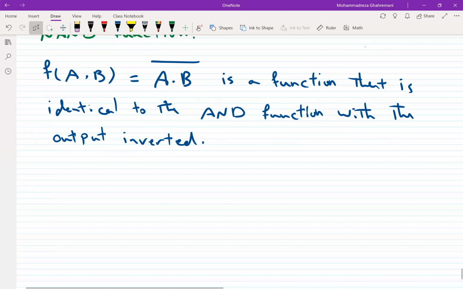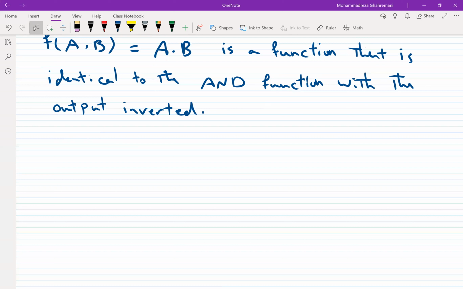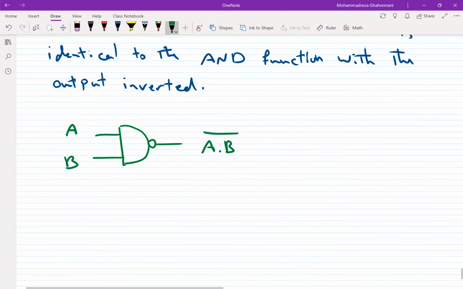Okay? So in other words, we can say the NAND function is a combination of AND function and NOT function. How do we show a NAND gate? Here is the symbol for NAND gate. Inputs are A and B, and the output is AB bar.